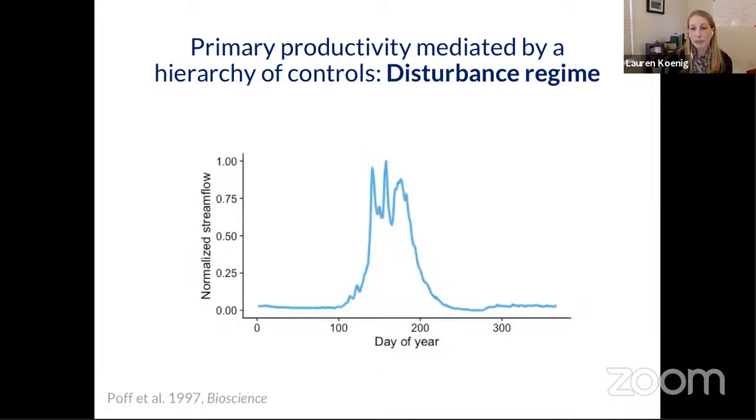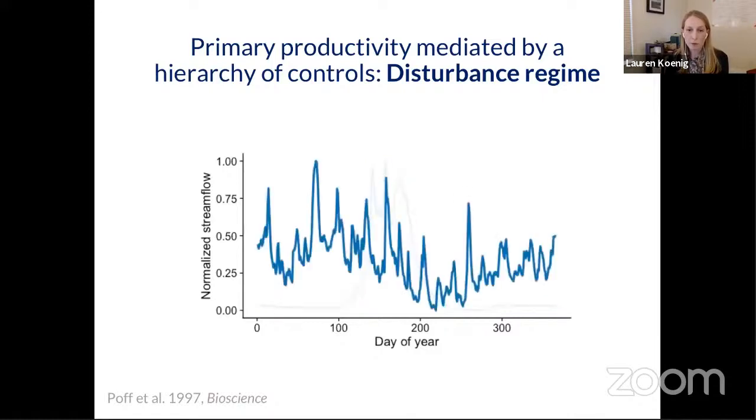Next, primary productivity is constrained by the river disturbance regime. So in rivers, disturbance is equivalent to the annual hydrograph, or changes in stream flow over time, like I'm showing here. And so the hydrologic regime might be characterized by a single dominant snowmelt event, for example, or by regular, frequent storm events that are evenly spaced throughout the year.